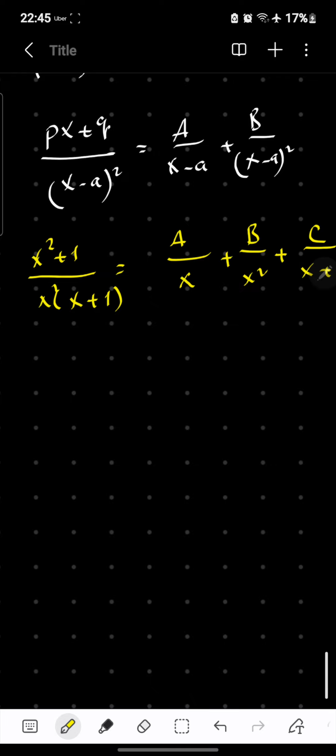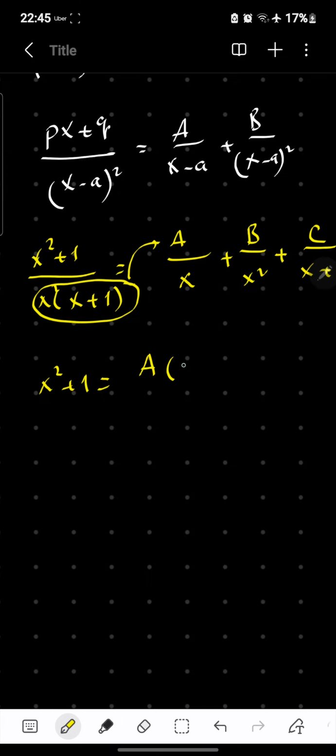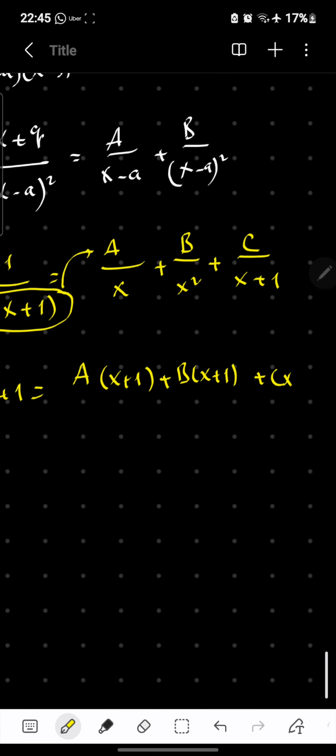Okay, let's solve. x squared plus 1 equals: if you multiply, we cancel one of the x's, so it will be a times x times (x plus 1) plus b times (x plus 1) plus c times x squared.